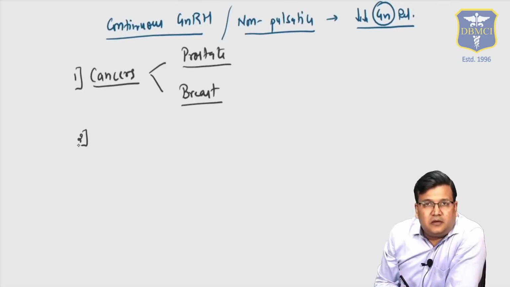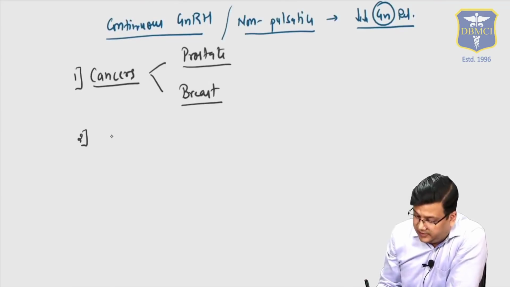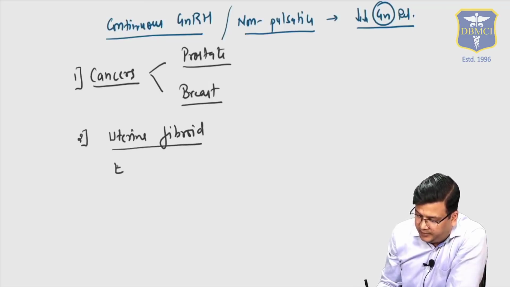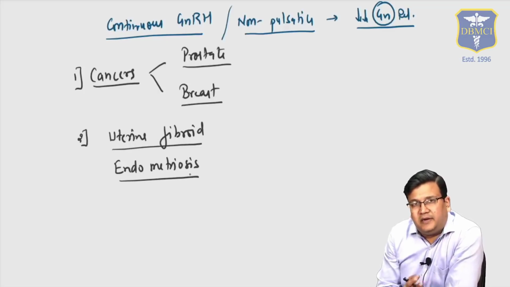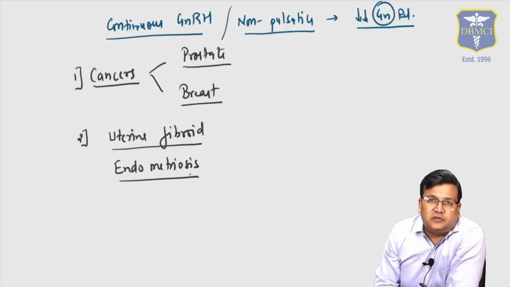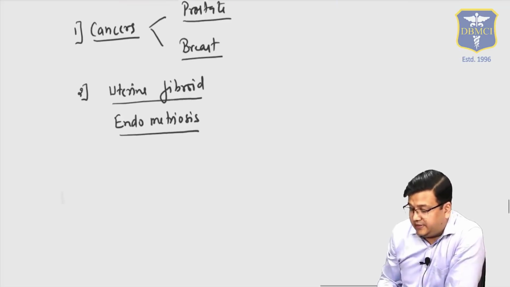Secondly, some gynecological diseases which are dependent on hormones, particularly estrogen, like uterine fibroids and endometriosis, are also hormone dependent. We decrease the ovarian stimulation, estrogen production decreases, and we can treat these conditions.